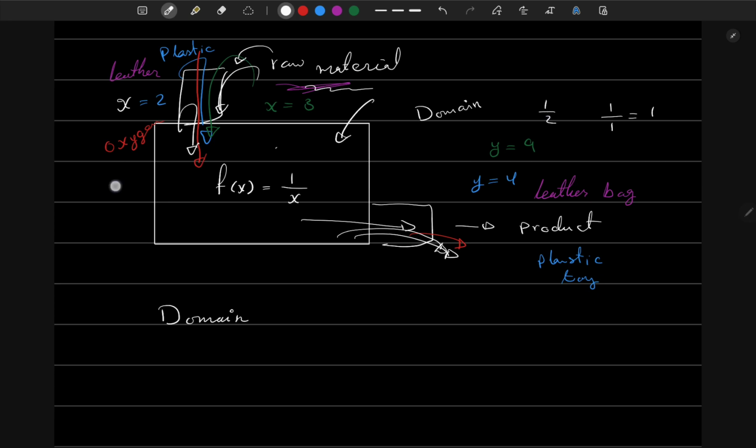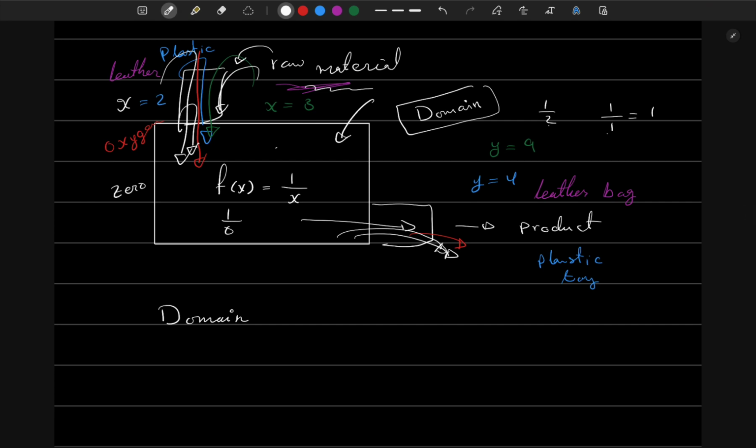But if I put x equals 0, now 0 gets inside the function, and the function is going to try to process 1 over 0, because it's 1 over x. But 1 over 0 cannot be done because we cannot divide by 0. And so we will not get a product. So 0 is not in the domain of this function, while 1, 2, 3, 4, 5, any other number is actually in the domain of this function.